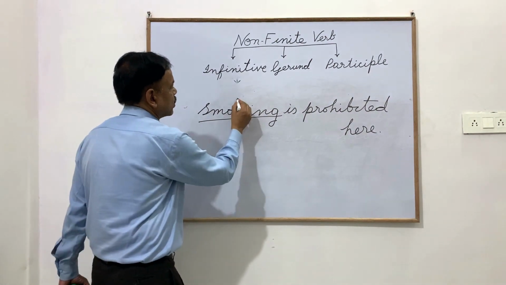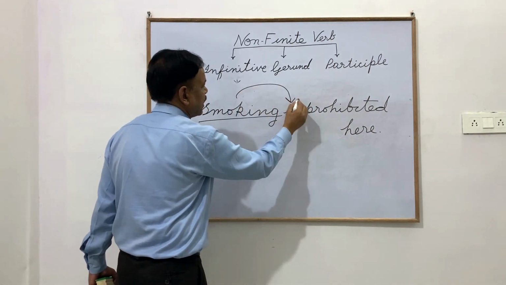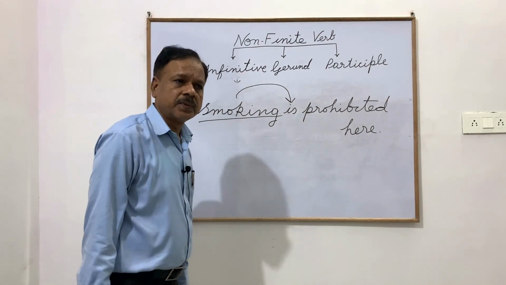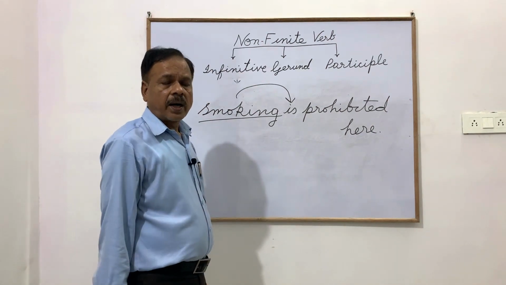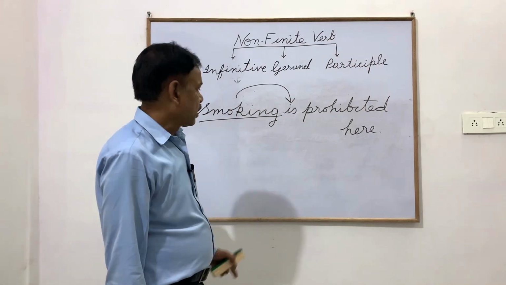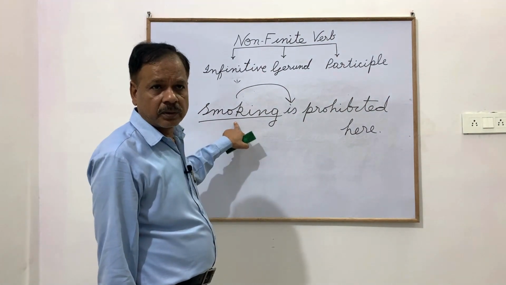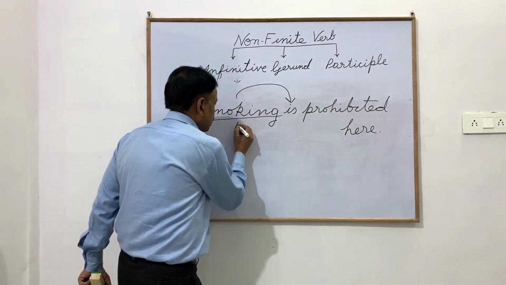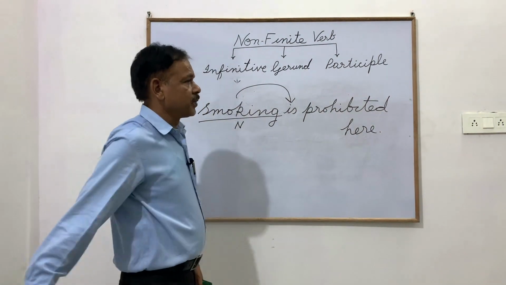This is the subject of the verb is. And we know that all our subjects are either nouns or pronouns. It's in the place of the subject of a noun. So this is functioning as a noun, as a subject.